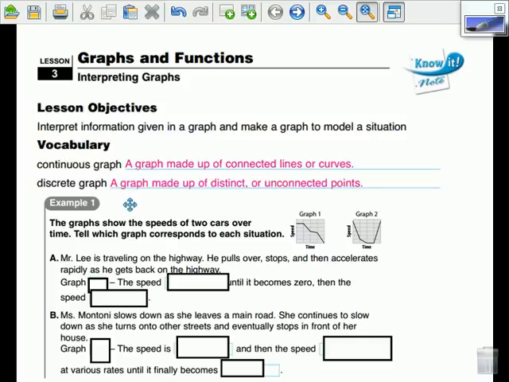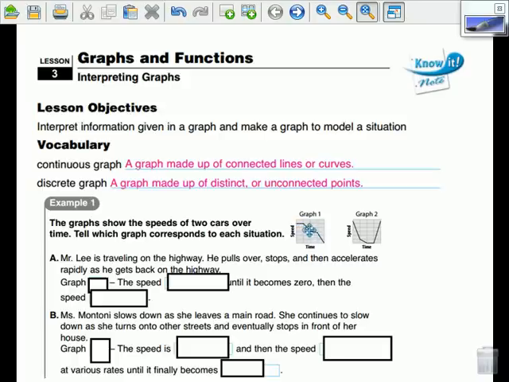and we'll go over each type of graph in just a few minutes. So here, for example 1, it says the graph shows the speeds of 2 cars over time. Tell which graph corresponds to each situation. So here we have time in the horizontal axis and speed. And so it looks like the speed is staying pretty consistent on this first one, and then as time increases, the speed is decreasing a little bit fast, and then it slows down.